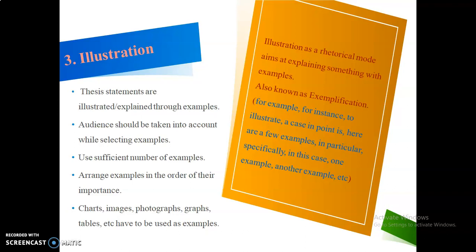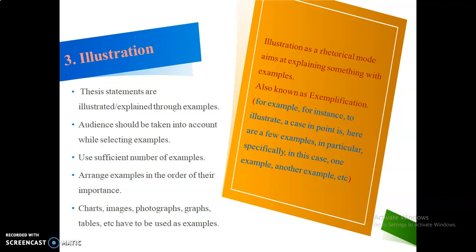This is also known as exemplification, because this method uses a lot of examples, including graphs, images, pictures, tables, etc.